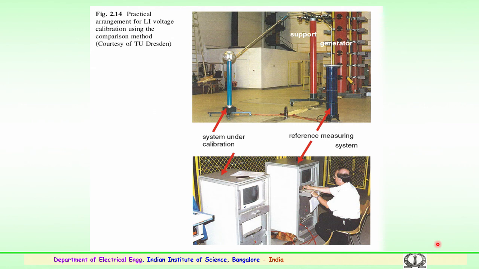This is one of the examples of conducting a calibration experiment for equipment with the reference measuring system. With the reference measuring system, in the case of a divider, the divider under calibration is compared, suitable equivalence with the reference system is maintained, and it is calibrated and certified.